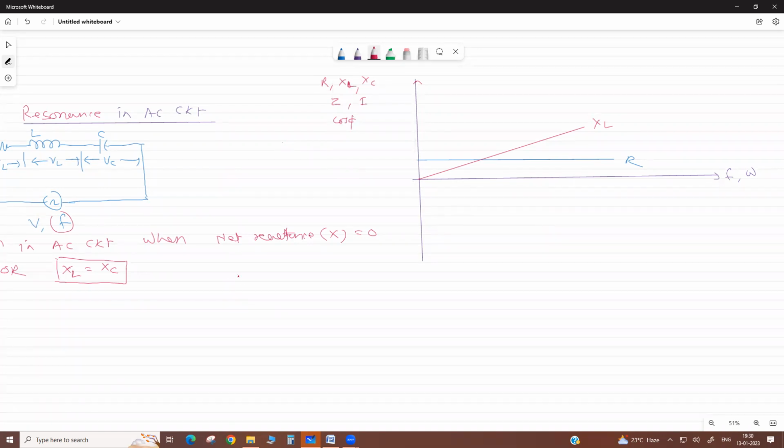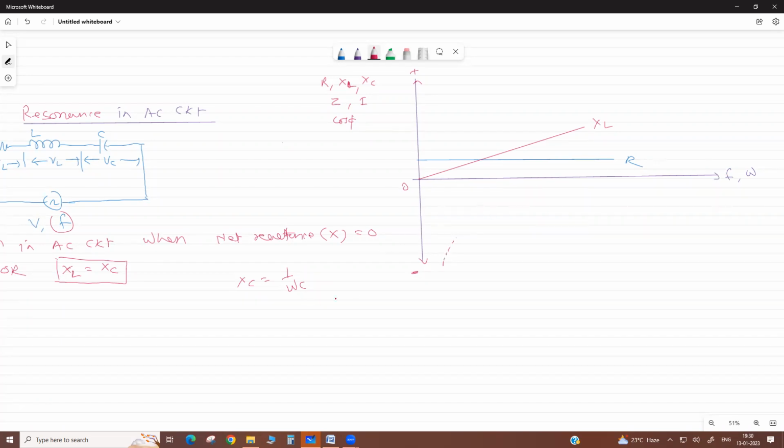XC equals 1 by omega C. When omega, meaning frequency, is 0, it is infinite, but negative. This is positive. So at infinite frequency it is 0. When omega is 0, it is infinite.